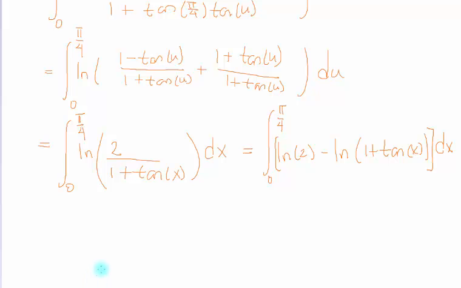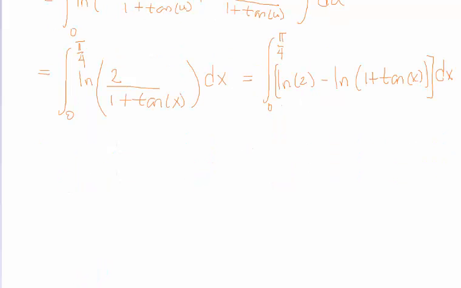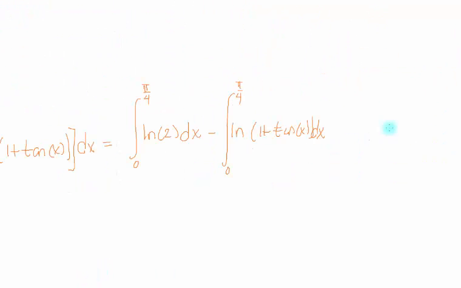So basically what we have is that these two things are equal to the same integral. So this implies that the integral from 0 to pi over 4 of ln of tangent of x plus 1 dx is equal to these two integrals.